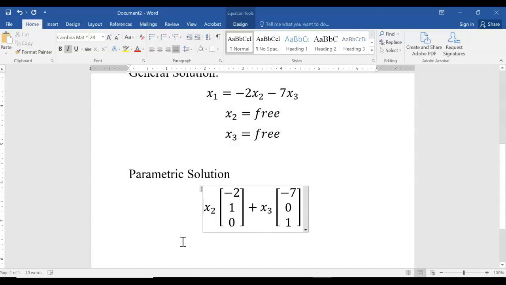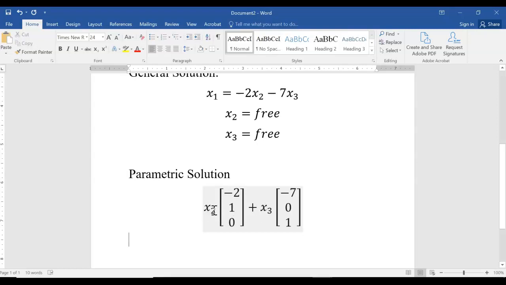So we write our parametric solution like that and move along, okay? And that's always going to be the case. The coefficients of your free variables are going to be the entries in your vector, and then you just let the free variables themselves be the variable component.